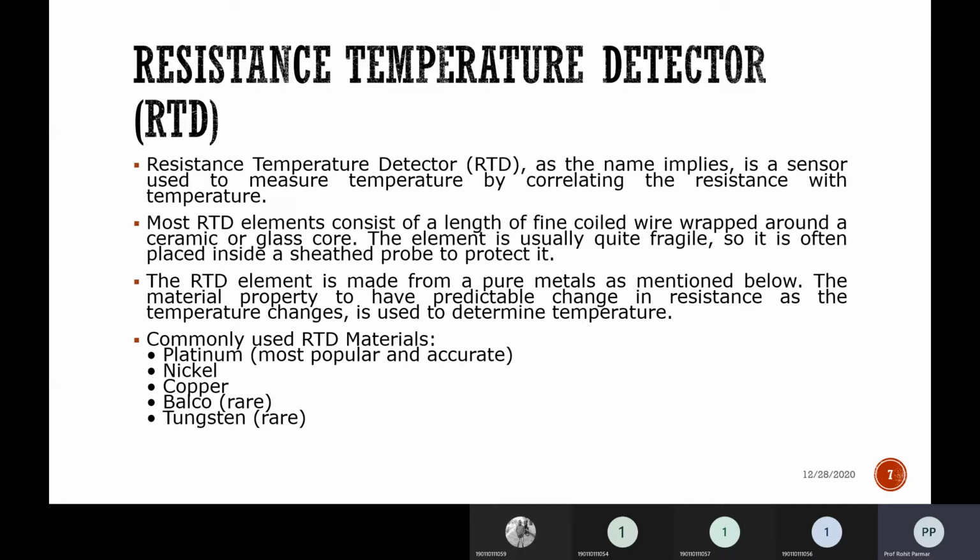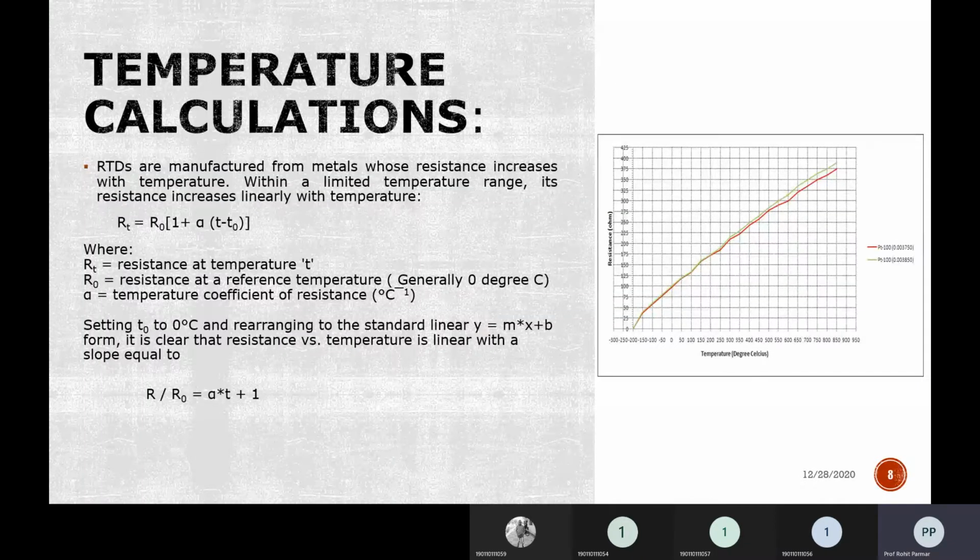Nickel wire's resistance will change. Okay, so there is one relation with resistance and temperature. Okay, RT is nothing but resistance at temperature T. So consider if we want to measure resistance at 30 degrees, so I can mention R at 30 degree.